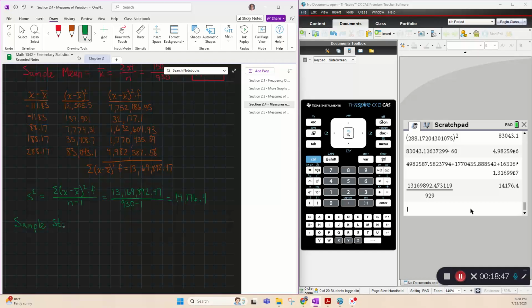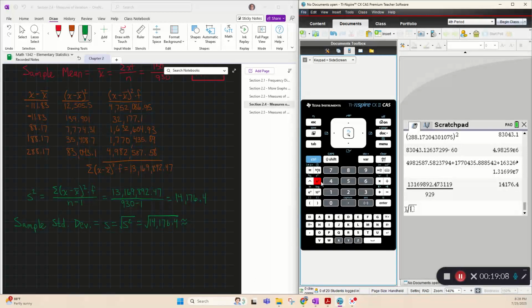Now we need to do our sample standard deviation. Sample standard deviation is S, which is simply the square root of S squared, which is the square root of this 14,000 number. Approximately. And now we go to our calculator for the final step.